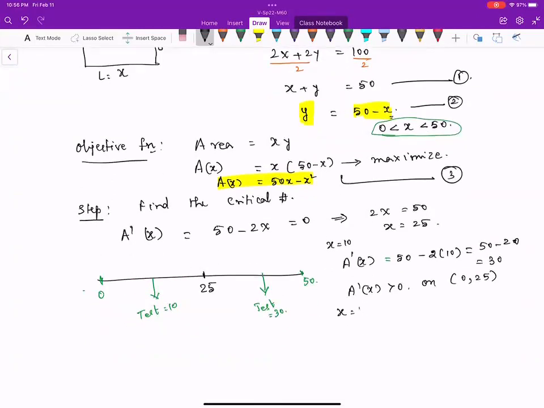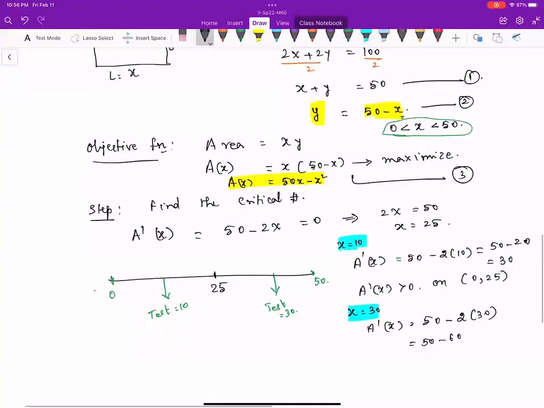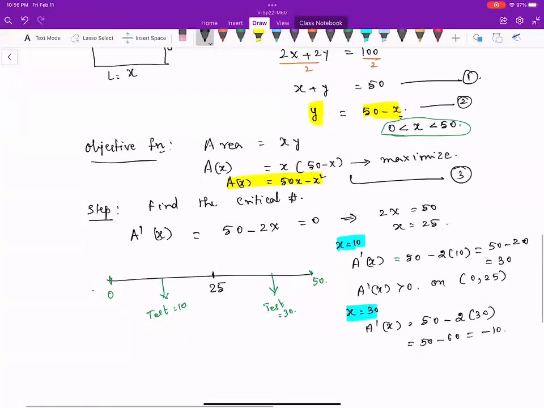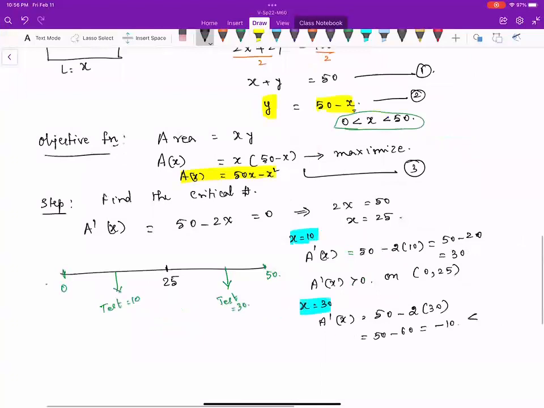Same way, when x equal to 30, A prime x equals 50 minus 2 times 30, which is 50 minus 60, which is negative 10. So A prime x is negative.